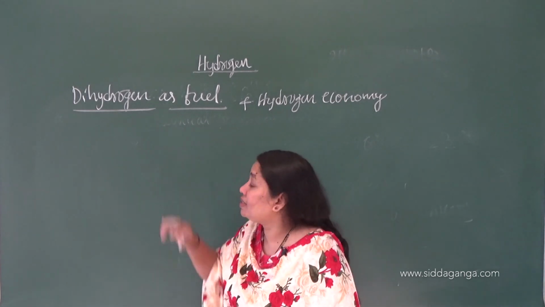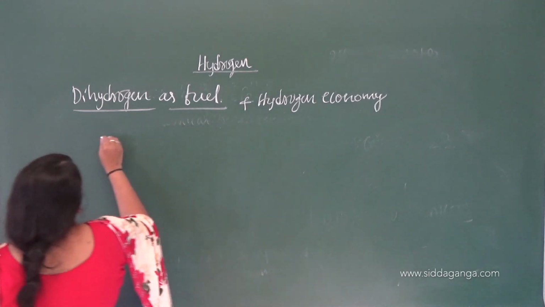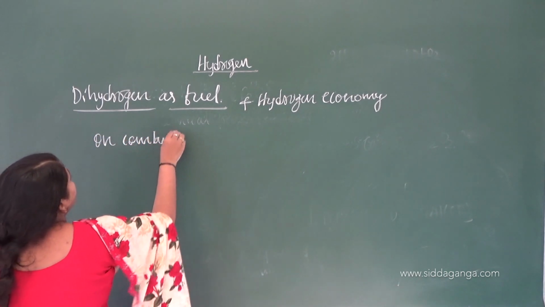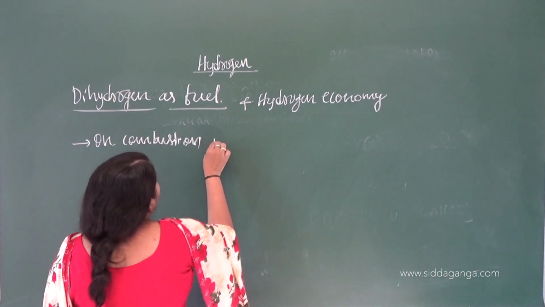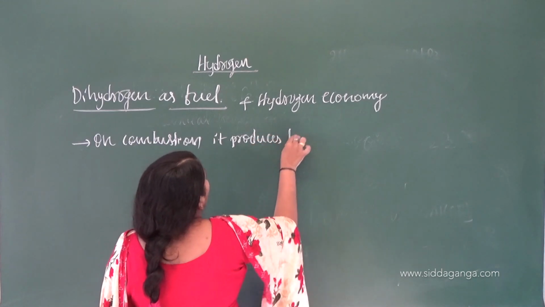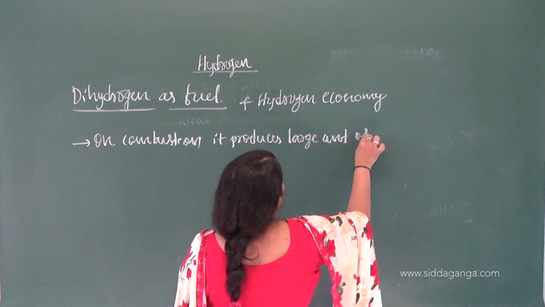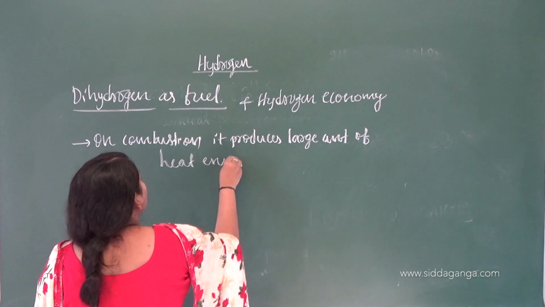So, this dihydrogen can be used as a fuel because on burning or on combustion, it produces a large amount of energy, or you can say heat energy.